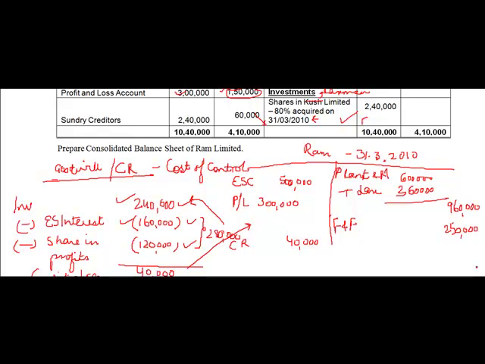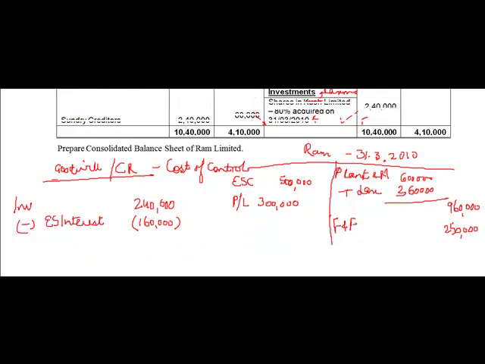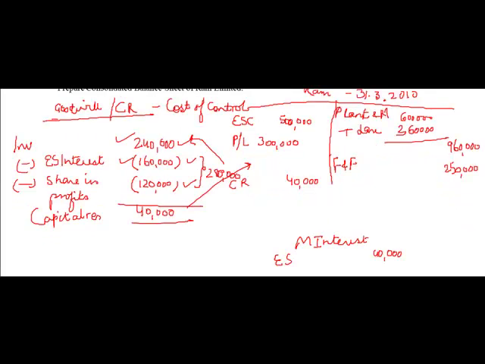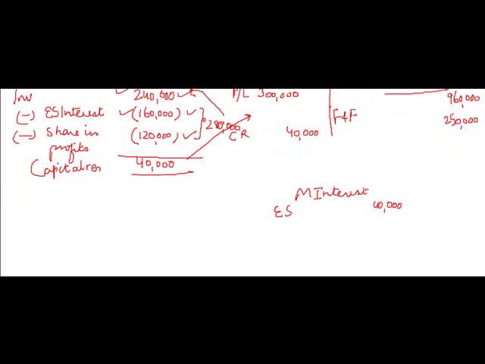Now I also need to see how much minority interest I have. Out of the profit and loss account, I got 1,20,000. The minority got 30,000.